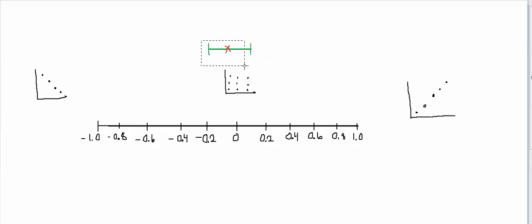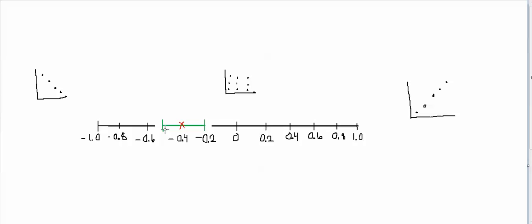What if the red X, meaning the population correlation coefficient, is not at 0? What if it's down here at -0.4? Well, now the null hypothesis isn't true anymore because the population correlation is not at 0. If this red X, which is the population correlation coefficient, is anywhere but 0, then the alternative is true. In this situation, there's a negative correlation in the population because the population correlation is at -0.4.